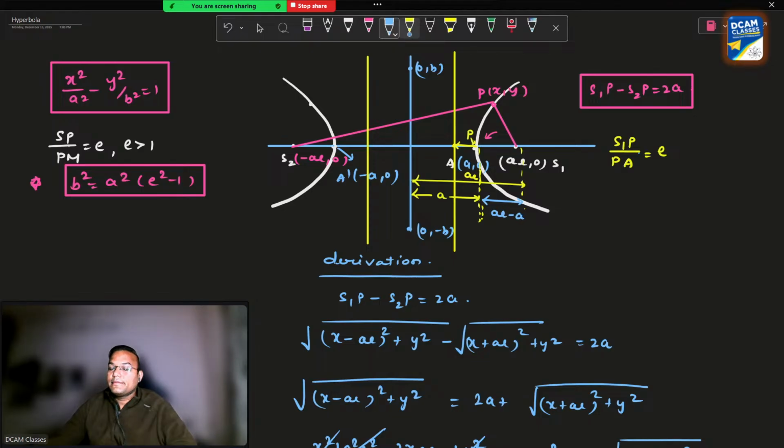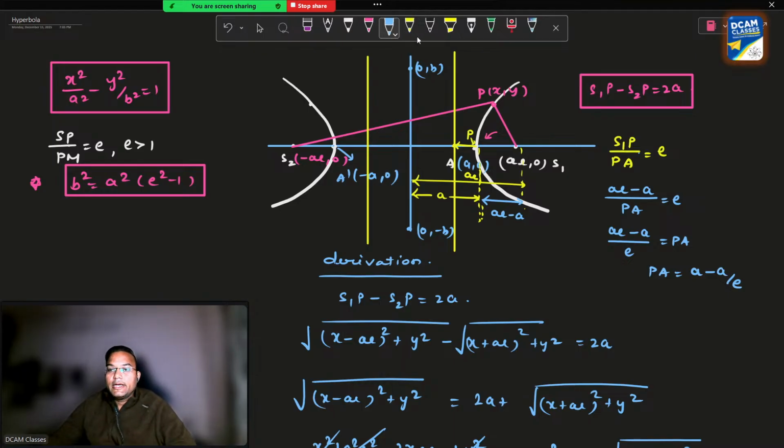AE minus A. Now S1P we have got, it is AE minus A. What is PA we have to find? This is equal to A. So AE minus A by E is equal to PA. PA we have got, it is A minus A by E.